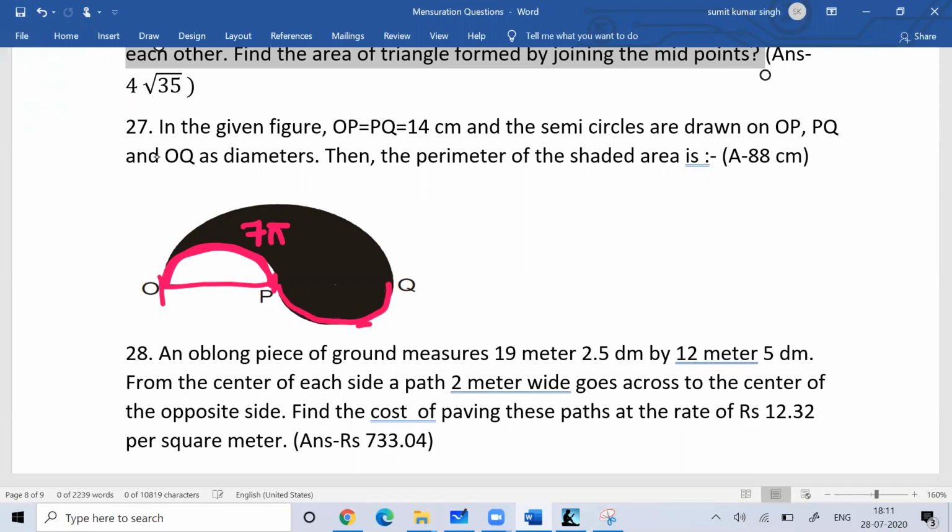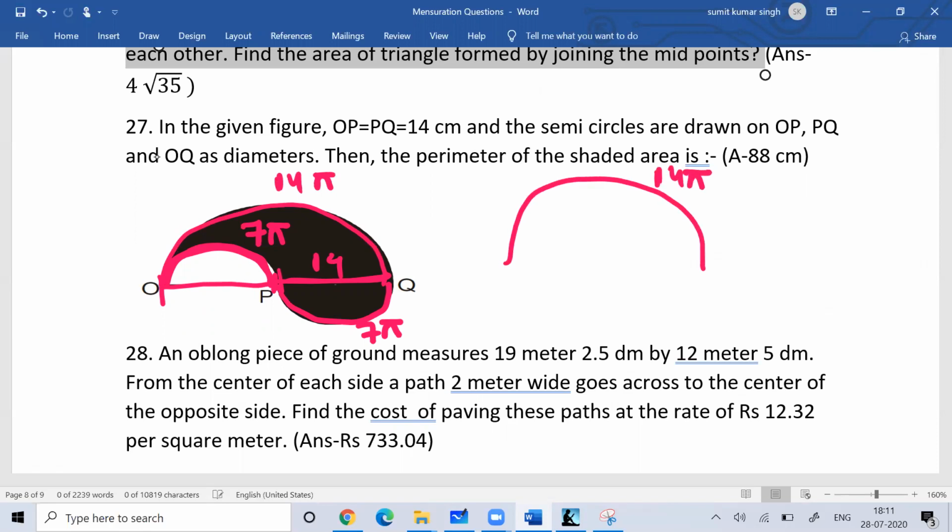This is the semicircle, so that part would be 7 pi, and this part would be 7 pi, and the total is 14, 14, 28. So the radius of this bigger one would be 14, so this would be 14 pi, and this is 7 pi.